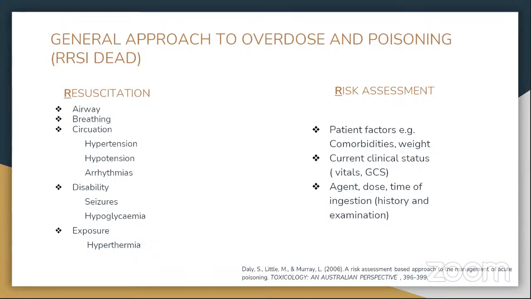Then your next R stands for risk assessment. This refers to taking into account the agent, the dose, time of ingestion, current clinical status, and individual patient factors, for example, their weight, comorbidities, etc.